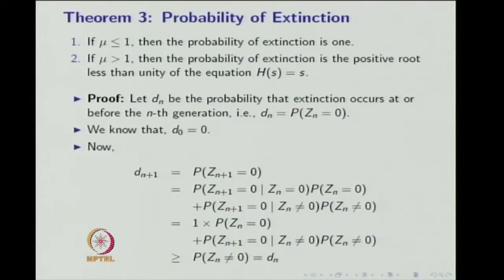Now, we will find dn plus 1. By definition, dn plus 1 is nothing but the probability of Zn plus 1 equal to 0.